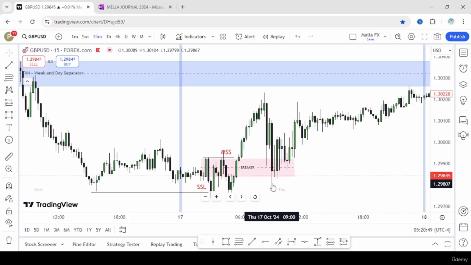You may also ask another question: look, the wick has gone down too. But what I'm saying is look at the bodies, they are up above. Even though we came a bit lower, below the midpoint of the breaker, the body respected this breaker.